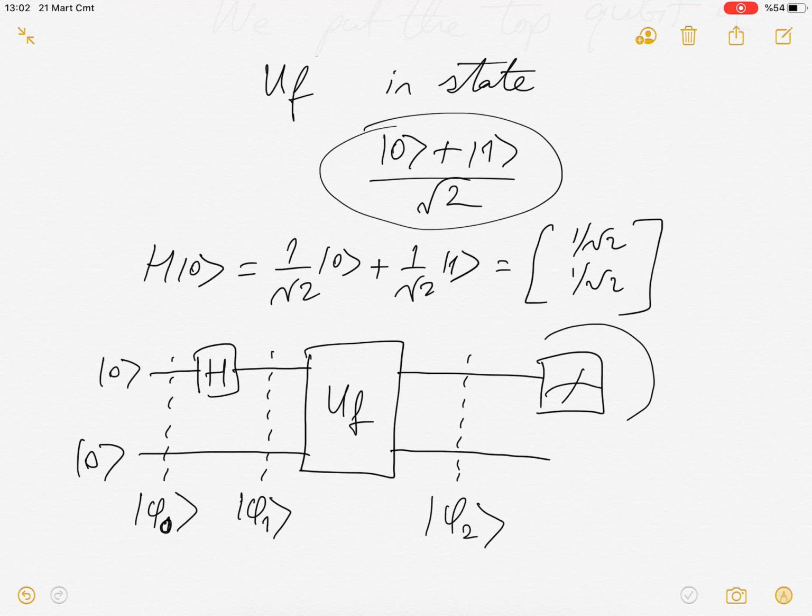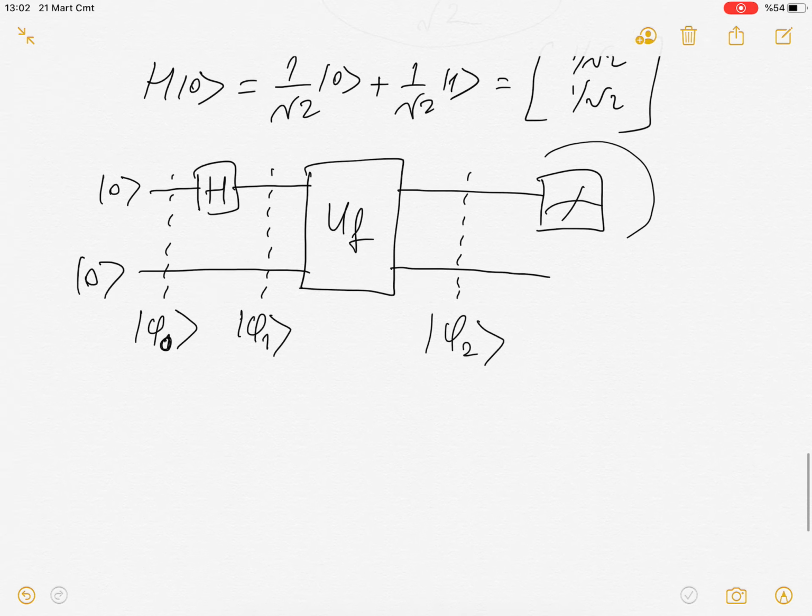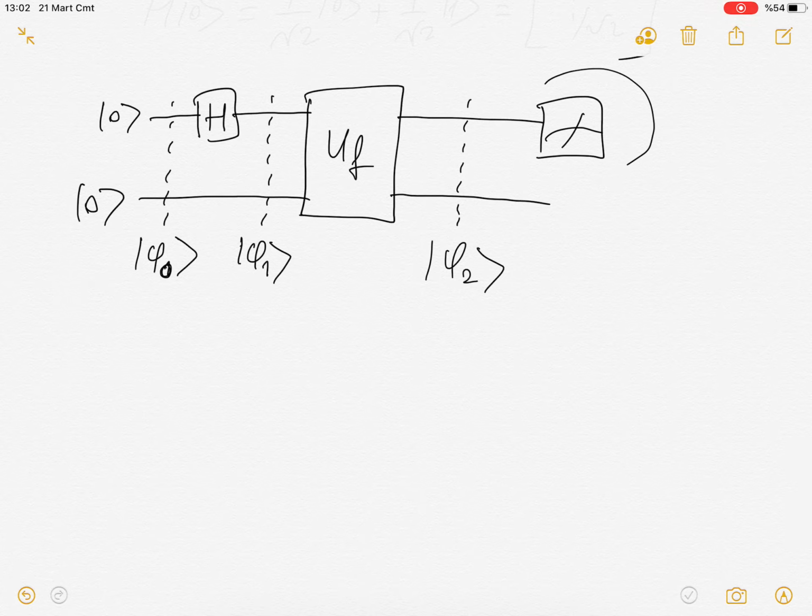Now let's look at each state and how they're defined. It's easy to see that phi 0 is simply 0, 0: the first qubit is in state 0 and the second qubit is in the same state. This is straightforward. Phi 1 is when the first qubit is put into superposition.